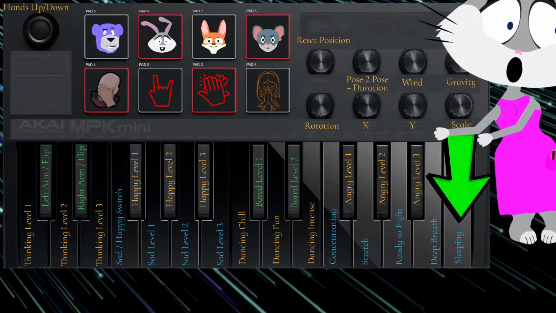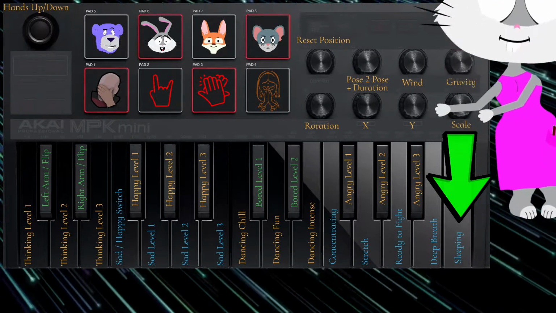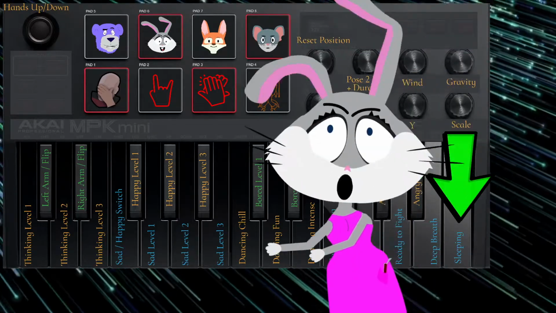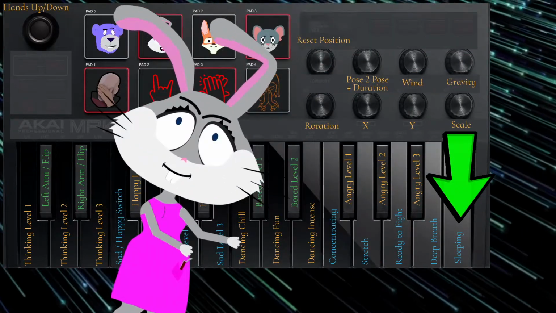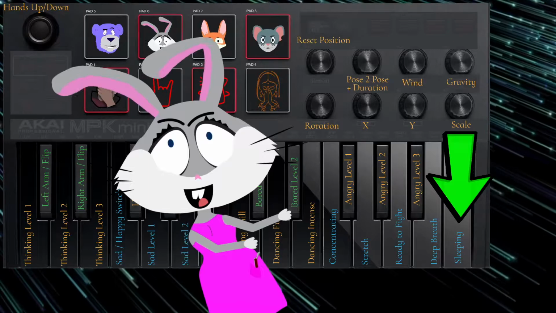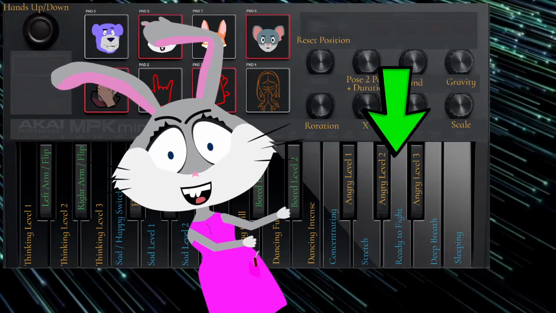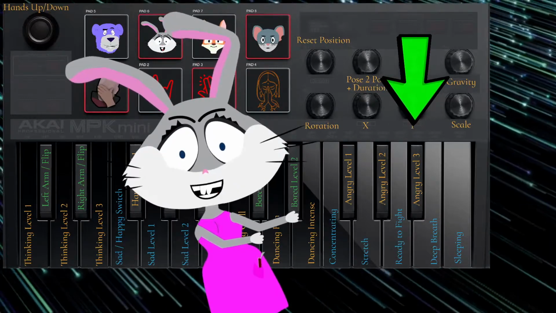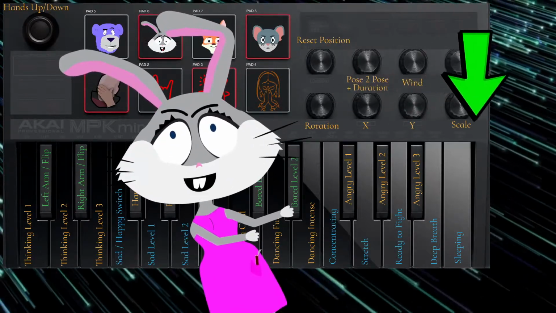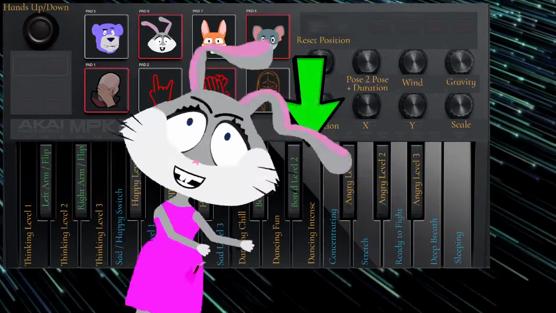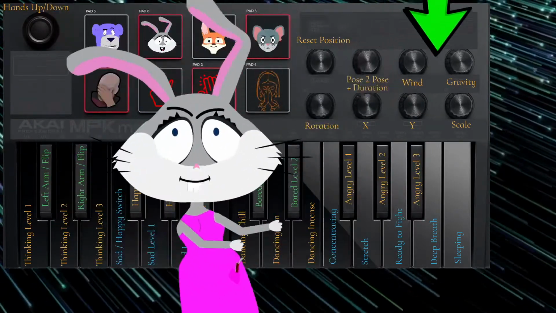Also, as we can notice, if we look a little bit more to the top of the screen, we can see that there are also some knobs, and knobs is what allows me to move the bunny on a screen. So X and Y position, scale, rotation, wind and gravity.